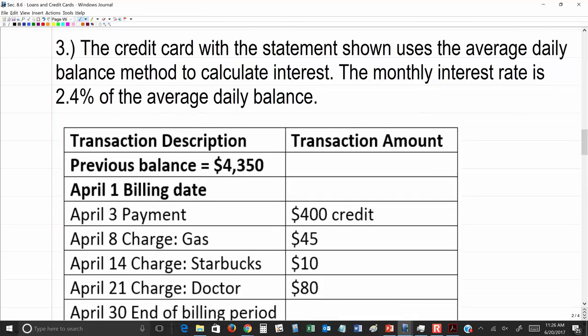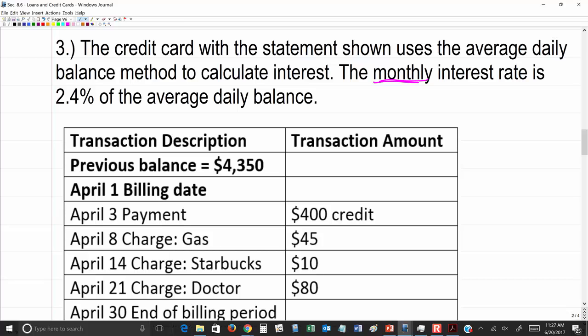The credit card with the statement shown uses the average daily balance method to calculate interest. The monthly interest rate, that's an important word to note, is 2.4% of the average daily balance.